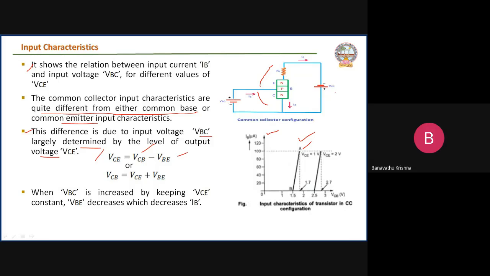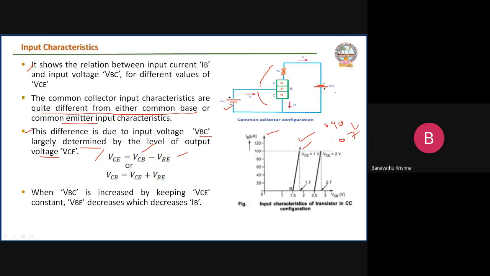By increasing this voltage, the emitter base junction voltage is going to decrease. For silicon, VBE is 0.7 volts, so if the applied voltage exceeds this level, the base current will start entering, and the emitter base junction goes into forward bias condition. Only then is the emitter base junction forward biased.